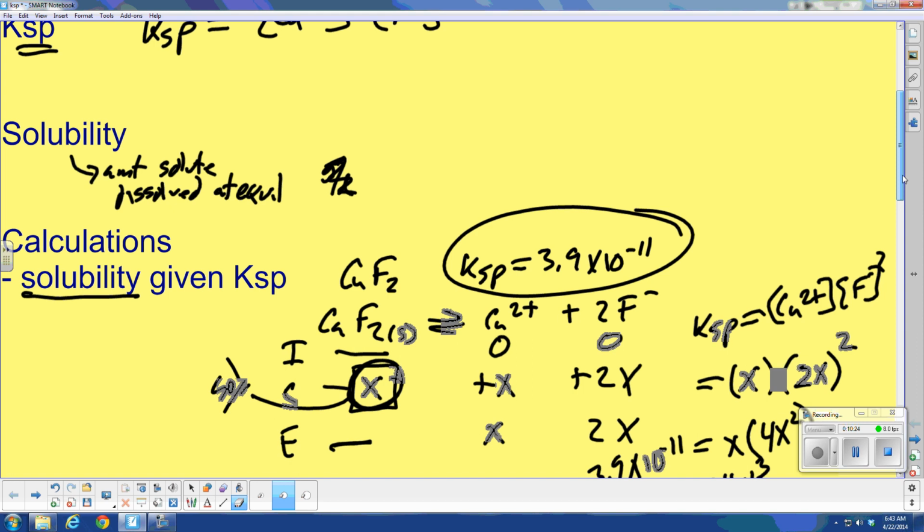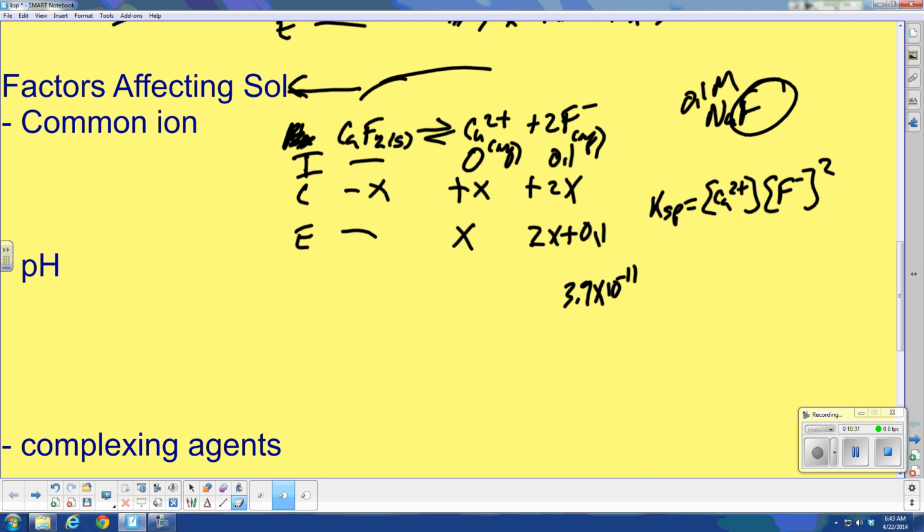So 3.9 times 10 to the minus 11th is equal to, what's my calcium concentration? X. What is my fluoride concentration? 2x plus 0.1, and I'm going to square that. And if I were to solve that, that would require a quadratic. Yuck. So what are we going to assume? We're going to assume that x is much, much smaller than 0.1.